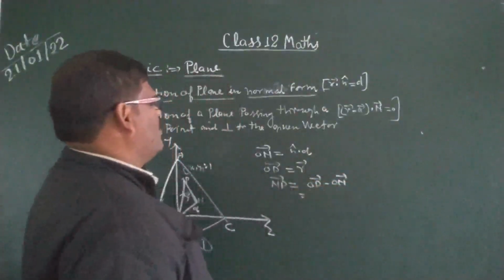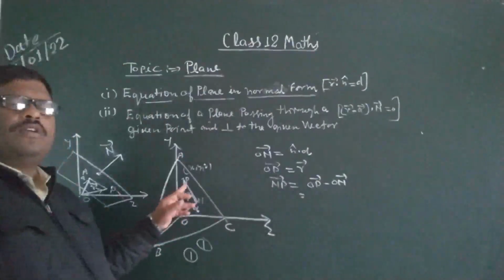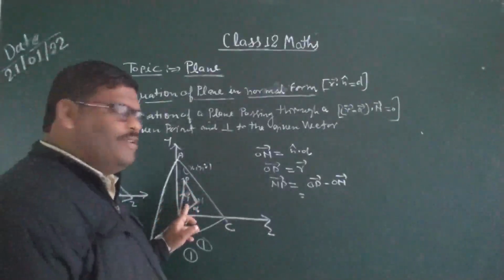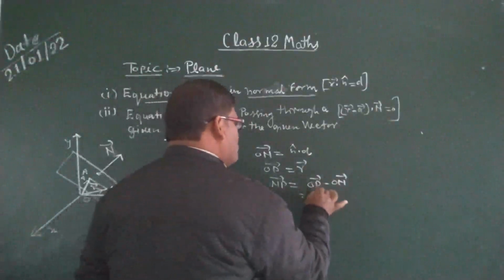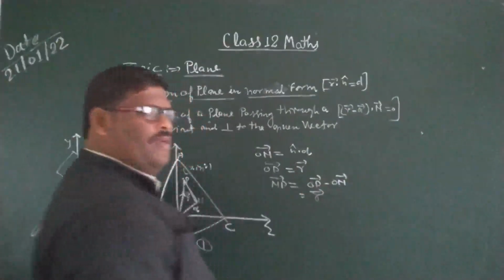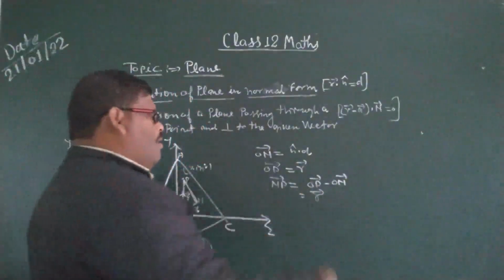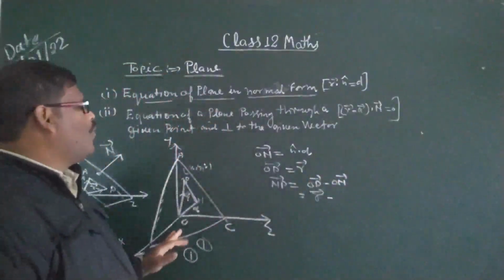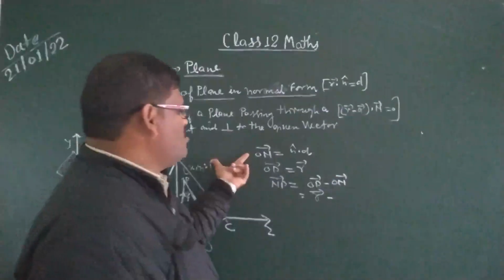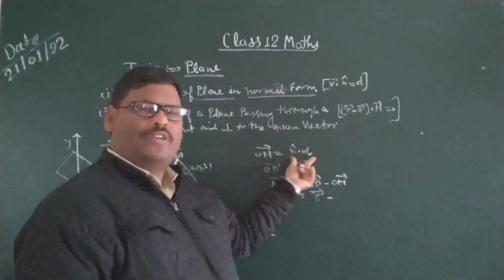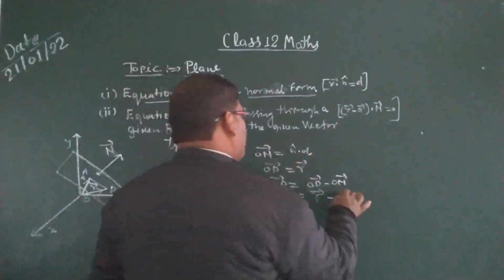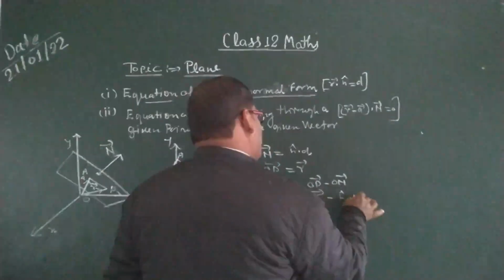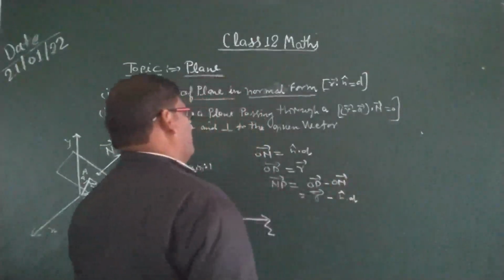Now pay attention here, what is vector OP? Vector OP, that is the position vector of the point P, is vector r. Therefore we can write at the place of vector OP, vector r. Now vector r minus ON. Pay attention here, what is ON? ON means n cap d. Therefore we can write n cap multiplied by d, that is vector ON.